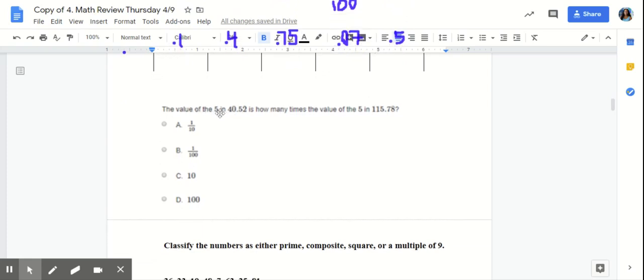The value of the 5 in 40 and 52 hundredths is how many times the value of the 5 in 115 and 78 hundredths? Now, a good way to look at this is to stack our numbers on top of one another.